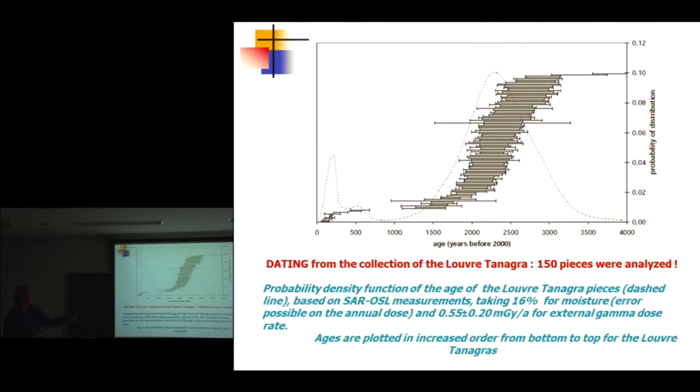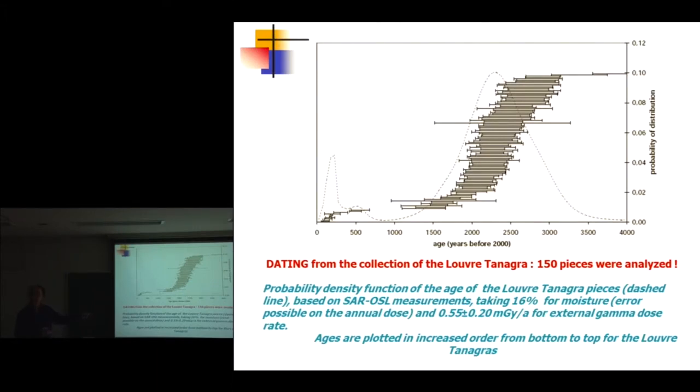So this is a statistic of all Tanagra investigated by thermoluminescence. You see, some are coming from this age, and there are some originals, but originals are still coming from almost 1,000 years.